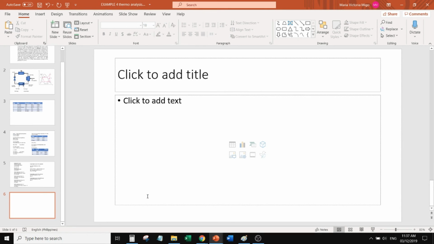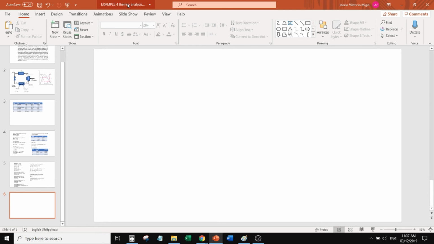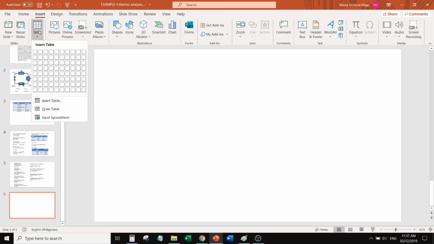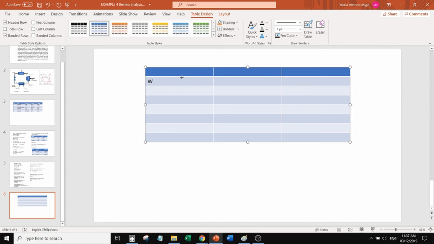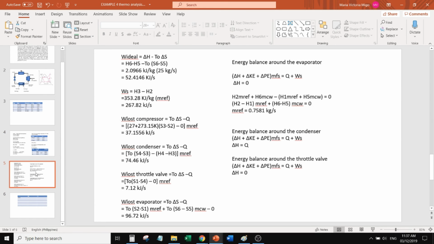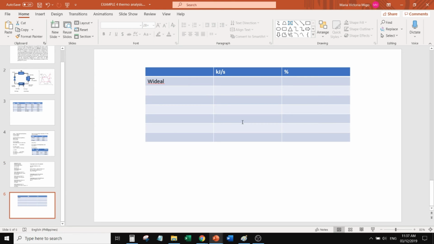Okay, so let's make the table now. This is in kilojoules. This is in percent. Work ideal, 52.4.